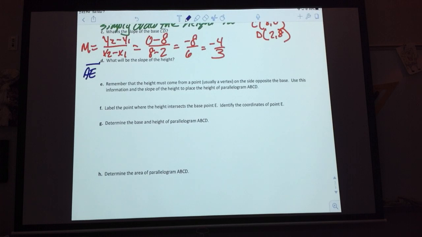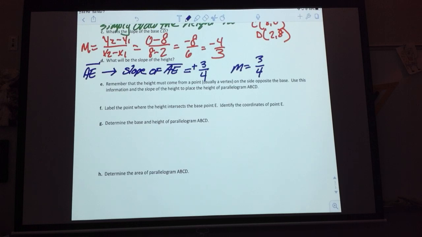So I know that the slope of AE has to be equal to the opposite reciprocal of negative 4 over 3. So it has to be, flip the fraction and change the sign, a positive 3 over 4. So my slope of AE has to be 3 over 4, positive, because it's the opposite reciprocal of negative 4 over 3.